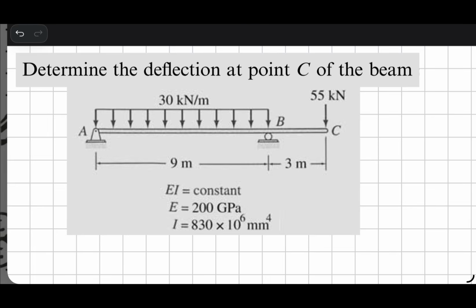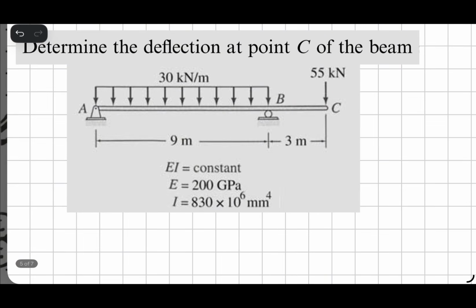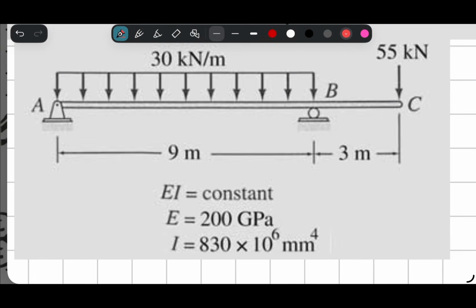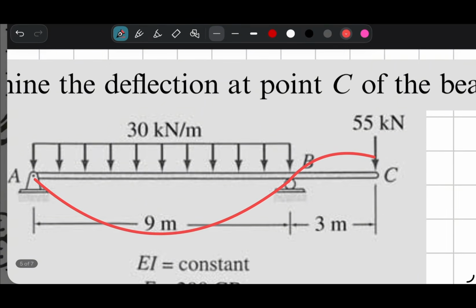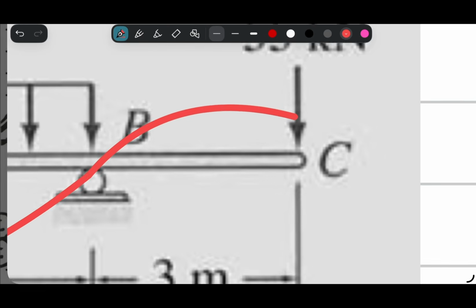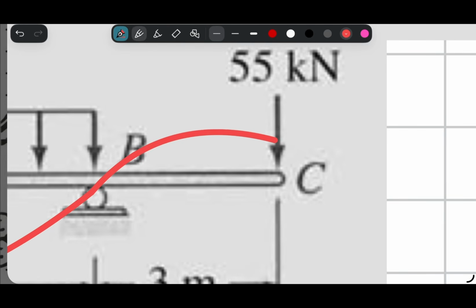Okay, so first thing that we need to do is to sketch the elastic curve of the beam. Say this is the elastic curve, and the unknown here is the deflection at point C. From the figure, this is the elastic curve.